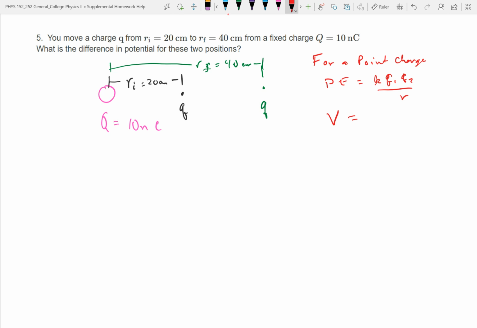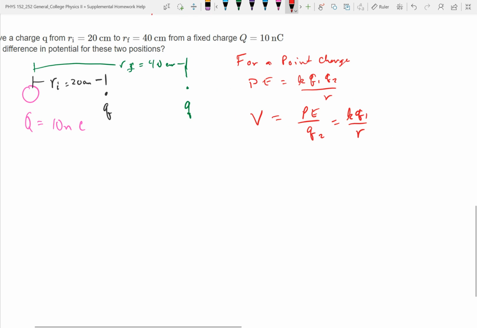It's a change between R at infinity and this R. Likewise, voltage is technically a change, between R at infinity and this R. So the voltage due to a point charge is K Q1 over R. Implicit in this is potential energy equals 0 at R equals infinity.